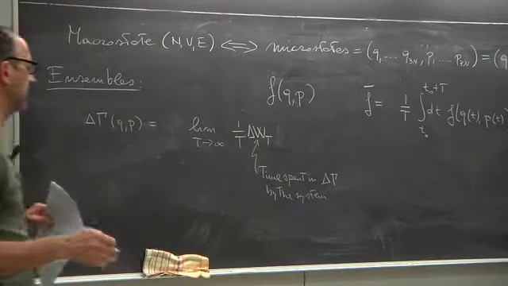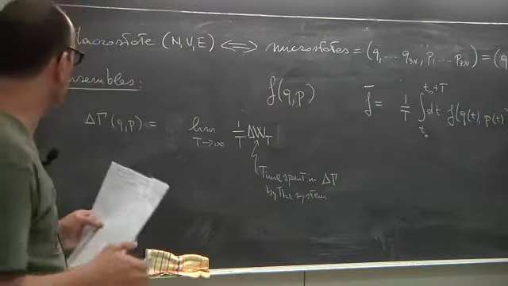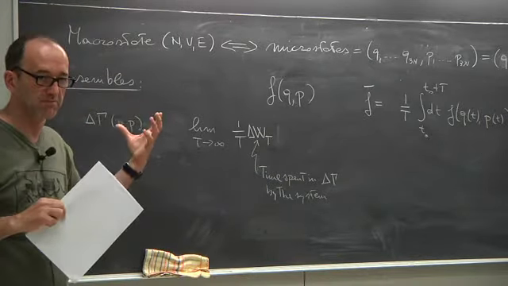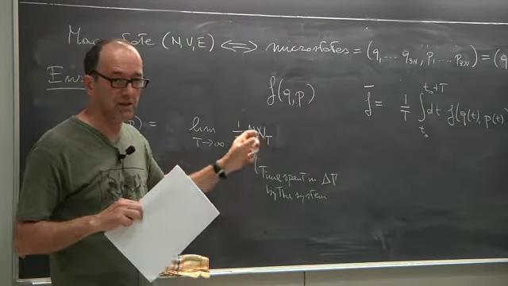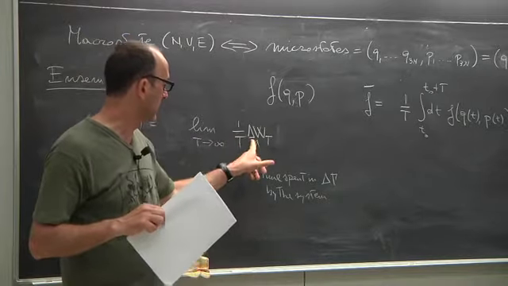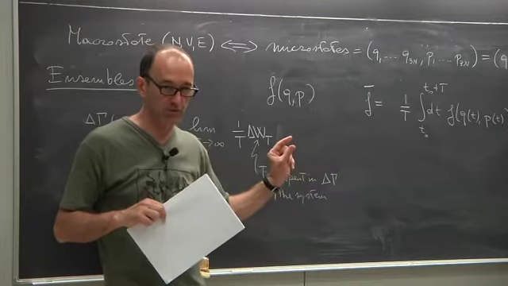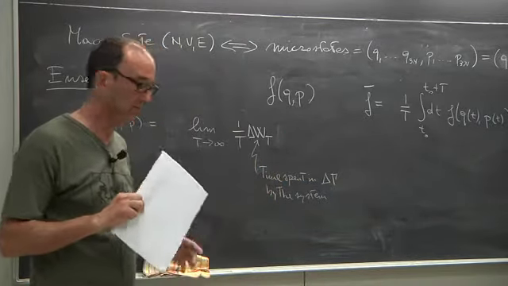So imagine that I can follow my system in phase space, and I can compute how much time, in a long time interval t, it spends in this particular volume. Okay? Then I can compute this limit.